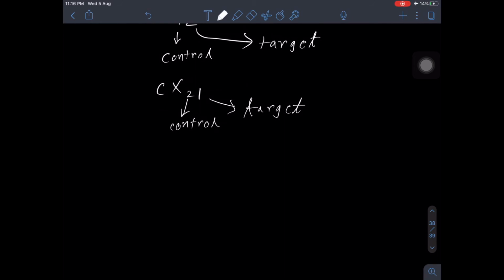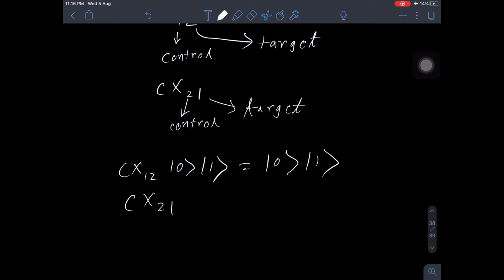So if cx12 acts on 0, 1, then the first one is my control, which is 0, and so the second qubit is my target, and target qubit will not change, so it will just be 0, 1. But what happens if I act with 2, 1 on the same state?